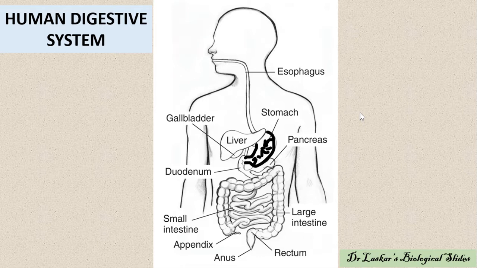Gastric amylase helps in the carbohydrate digestion process, gastric lipase in the fat digestion process, and proenzymes like pepsinogen and prorenin help in the protein digestion process after their activation by the HCl.